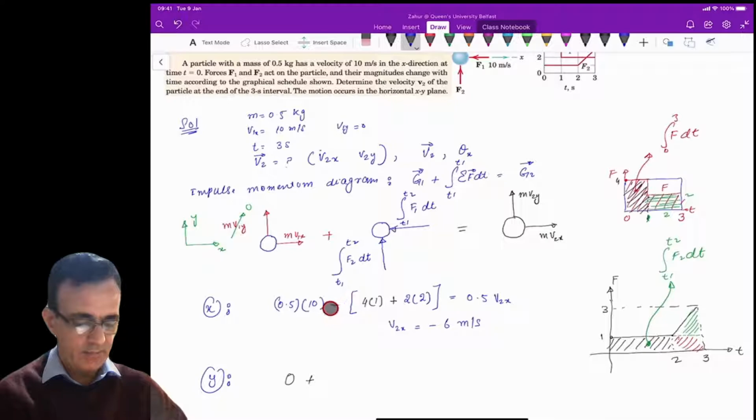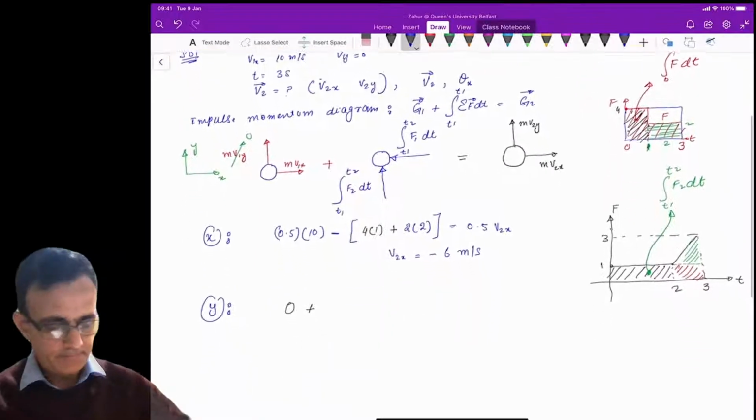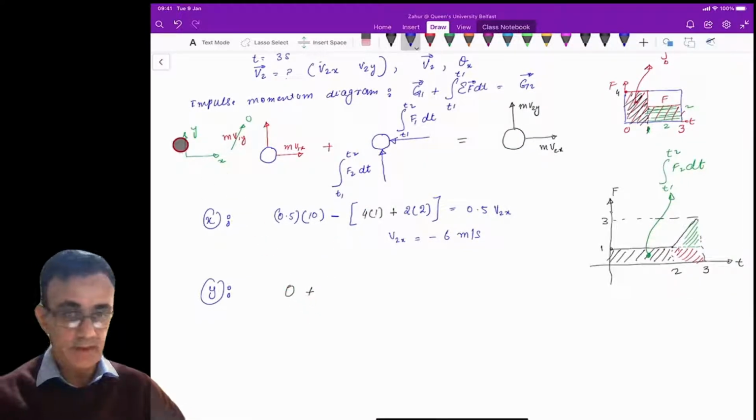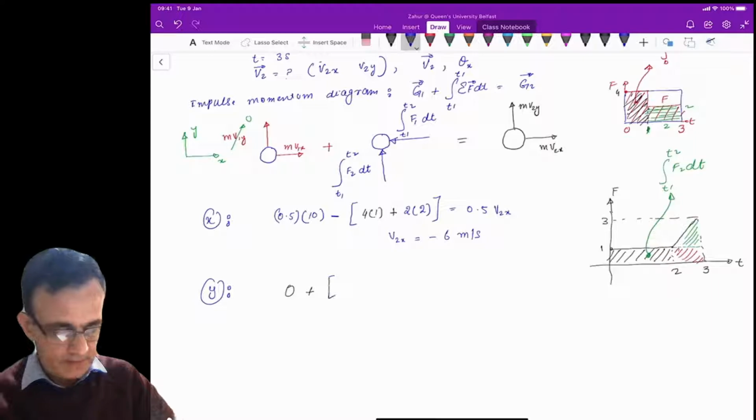In the previous case, because F1 was in the negative direction, it was negative, but F2 is in the positive y direction, so it should be positive here. So therefore we are writing a positive here, and then the area under the curve.